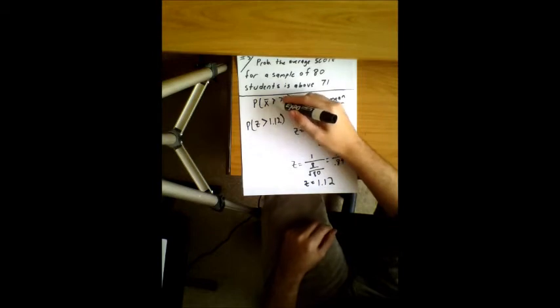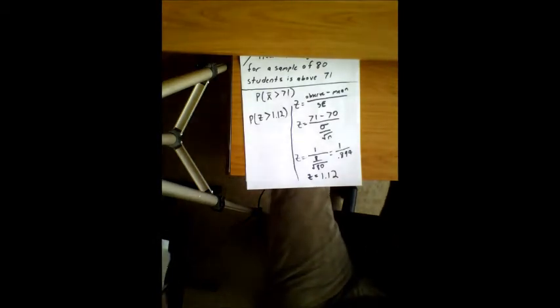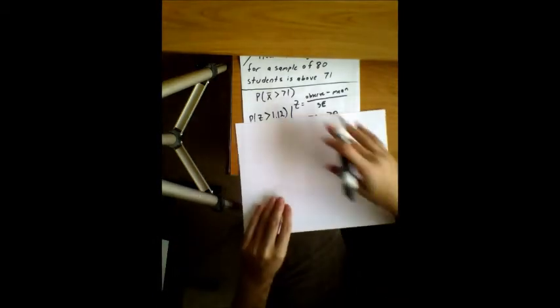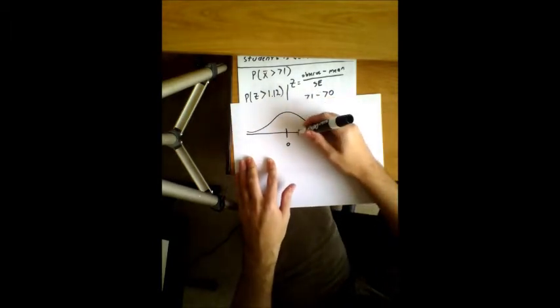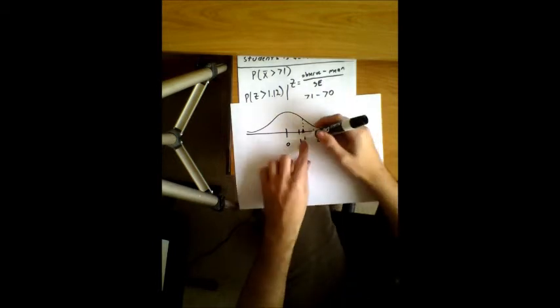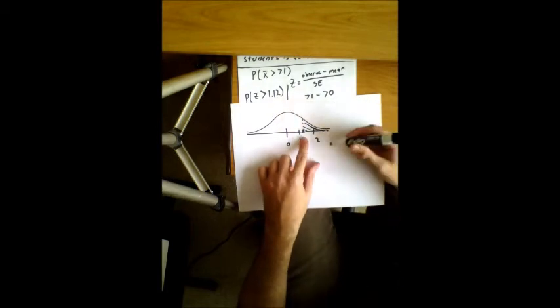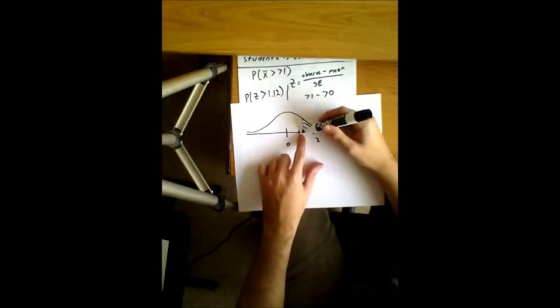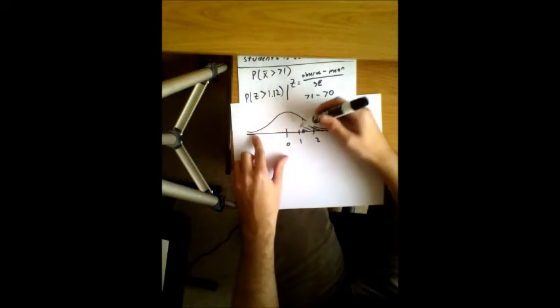Nothing changes here, right? You use the same direction and signs. So we'll go ahead and use our table again. Just keep in mind what's going on here. We got this 0 here, 1, 2. We want to know the probability that actually lies above 1.12. So we want this area. Just like on the last problem, you could look up 1.12. You'd have to do 1 minus the value that your table gives you.